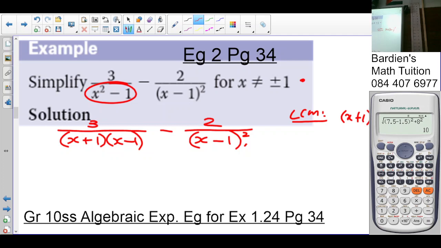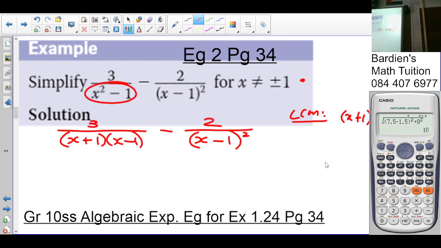Do you guys understand? Any confusion here? Because if x plus 1 is a and x minus 1 is b, then this would have been ab squared. So likewise, if it's x plus 1, x minus 1 and x minus 1 squared, it's going to be x plus 1 times x minus 1 all squared.